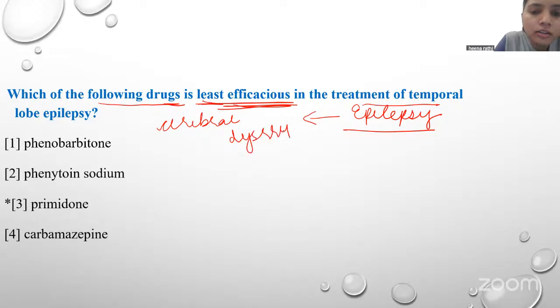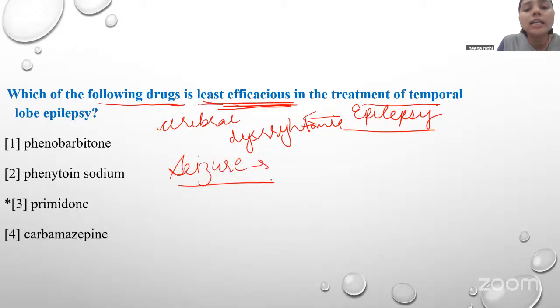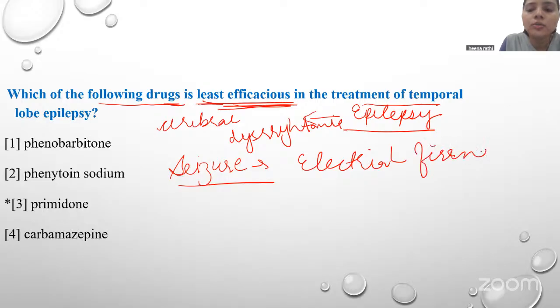The rhythm of the cerebral cortex is disturbed in epilepsy. So what happens in that? In epilepsy, continuous or intermittent electrical discharge, electrical firing in the neurons, is seen. This electrical firing in the neurons is called seizures.